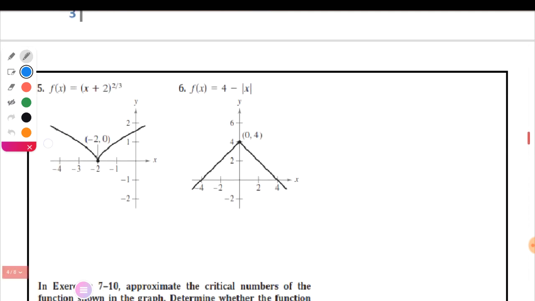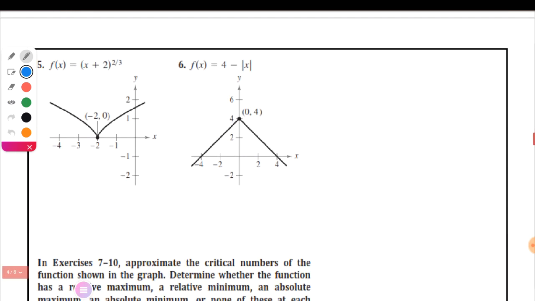Now, let's solve this one. It's so clear the critical number here occurs at negative 2. But it has a corner. The derivative of the function at negative 2, at this extremum, because the extremum occurs at the corner, sharp point. But be careful, the function must be defined at it.